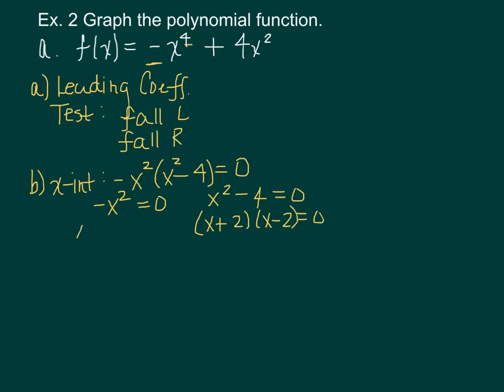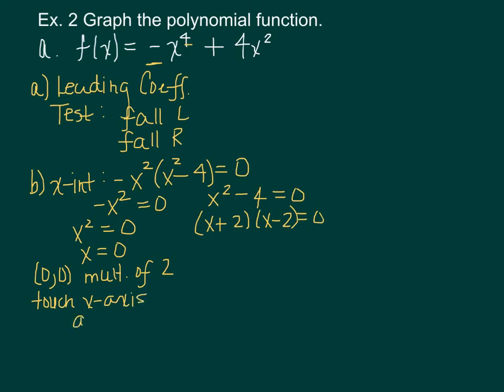So here I'm going to get x squared equals 0, dividing by negative 1. So x equals 0. So this is (0, 0), multiplicity of 2. So this is going to touch the x-axis and turn around.